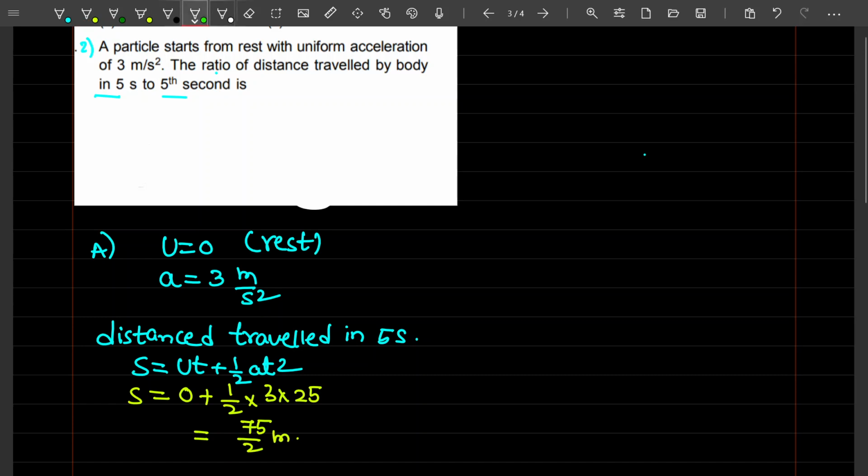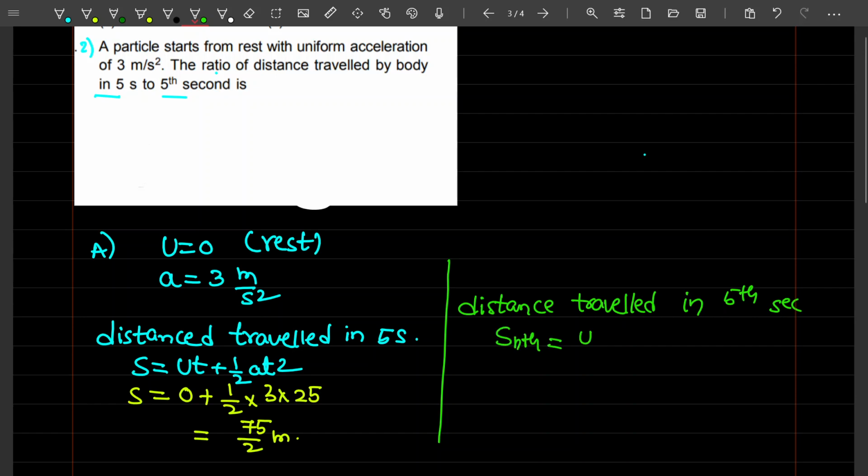Now coming to distance travelled in 5th second. Here I can use another formula. Distance travelled by the body in nth second formula: u plus a by 2 into 2n minus 1.